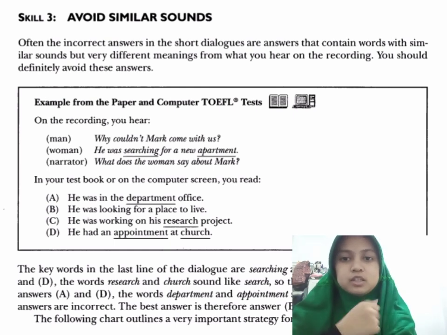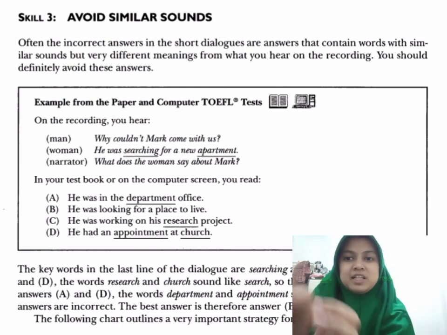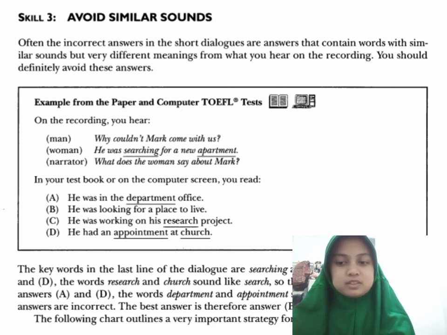Why not A? Because A has the word department, which is similar to the word apartment that the woman says. Then C is also incorrect because the woman says he was searching, while in C, he was working on his research.